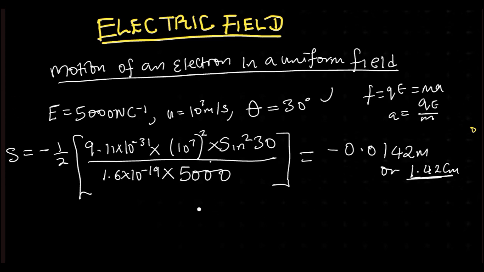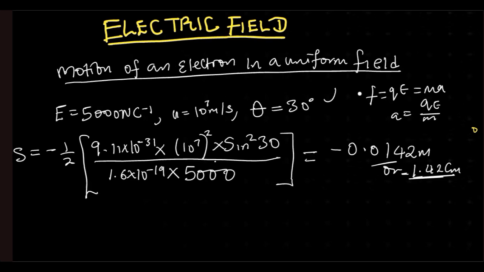I know some of you will ask, is this minus necessary? We can ignore the minus and say distance is equal to 1.42. The minus might mean that the electric field is going in the opposite direction to where the electron is traveling. Are you getting it? Yes, so that doesn't matter.